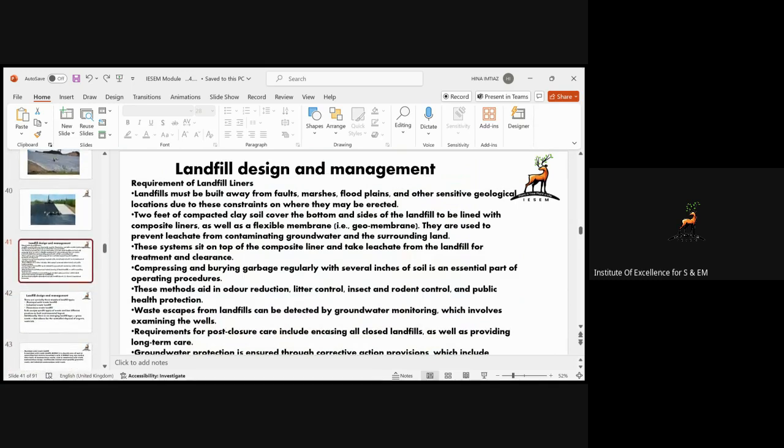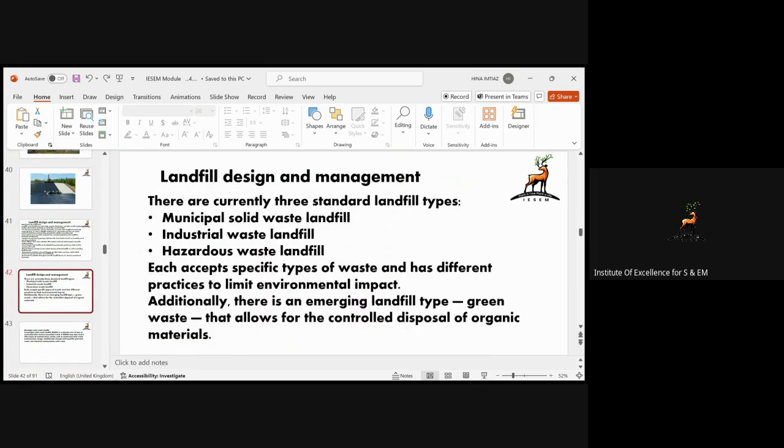Moving towards the types of landfills, there are three standard landfill types. Number one is the municipal solid waste landfill, the second is the industrial waste landfill, and the third is the hazardous waste landfill. If you want to dispose of waste which is very hazardous, you will adopt the hazardous waste landfill.